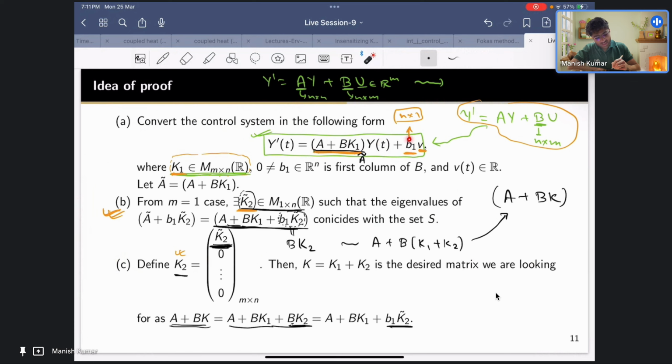So now here m is equal to 1 for this control system. If I want to say something about this control system, n is as it is, but m is 1. So it is a single column vector. This b1 is the first column of this matrix B. So you can see it has now reduced to the m equal to 1 case.